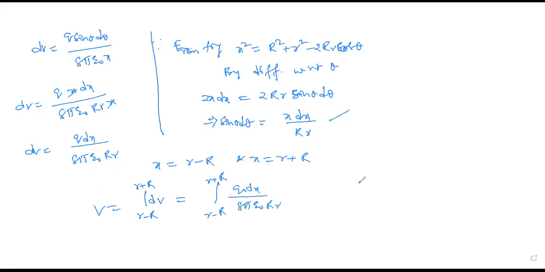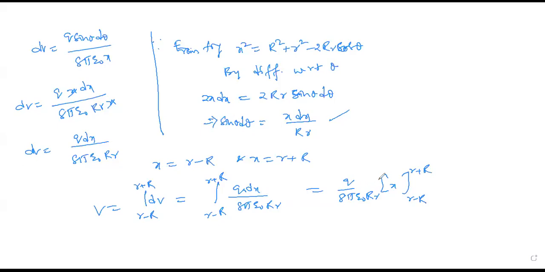When you simplify this, it should be q by 8 pi epsilon naught capital R small r into x with limits r minus capital R to r plus capital R, because the integral of dx is x only.